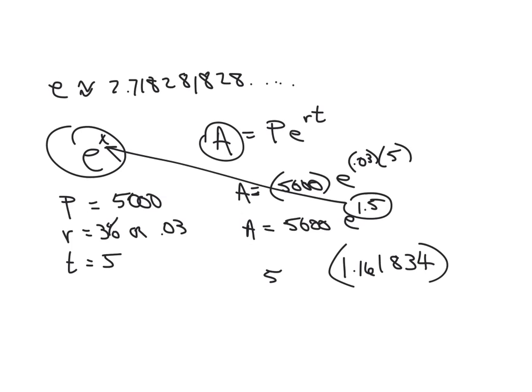And then we're going to multiply that by 5,000, and we get 5809.17. So that is the amount of money you will make for your money that's compounded continuously over 5 years.